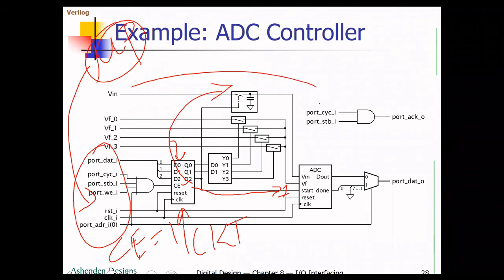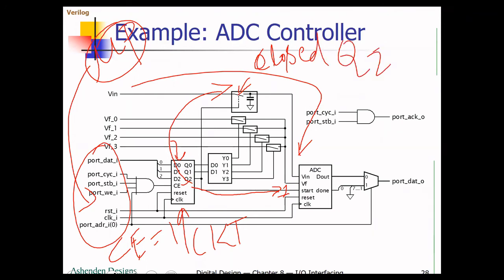So this open circuit will be closed because Q2 is equal to 1. Then Q0 and Q1 activate the encoder circuit.